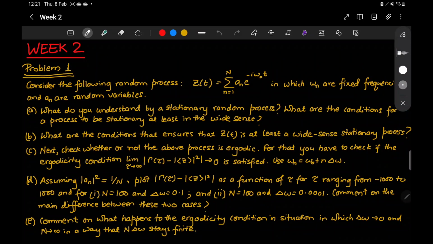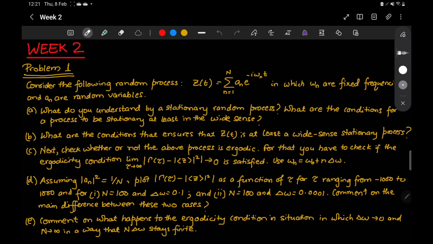The first part says, what do you understand by a stationary random process, and what are the conditions for a process to be stationary, at least in the wide sense? This is a very definition type question. Next part is, what are the conditions that ensure that z(t) is at least a wide sense stationary process?